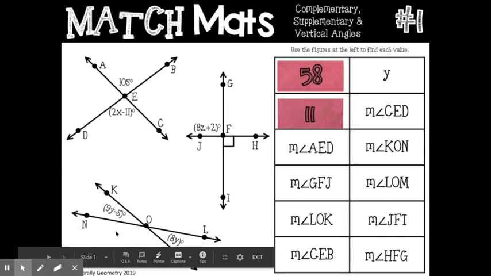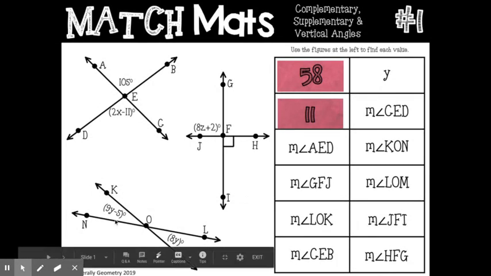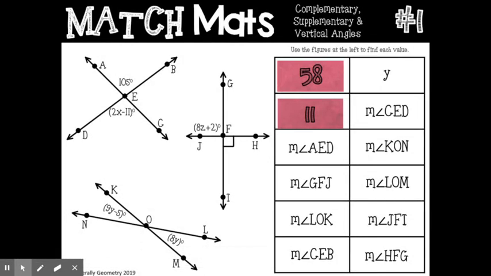All right. I see y is 9y minus 5, and then I have 8y here. And we know that these two are vertical angles because they are across from one another. So 9y minus 5 is equal to 8y.